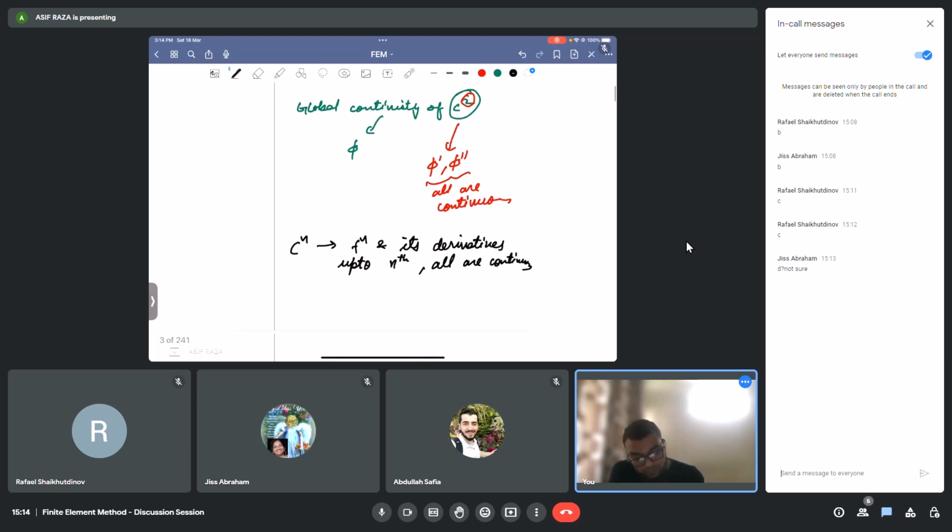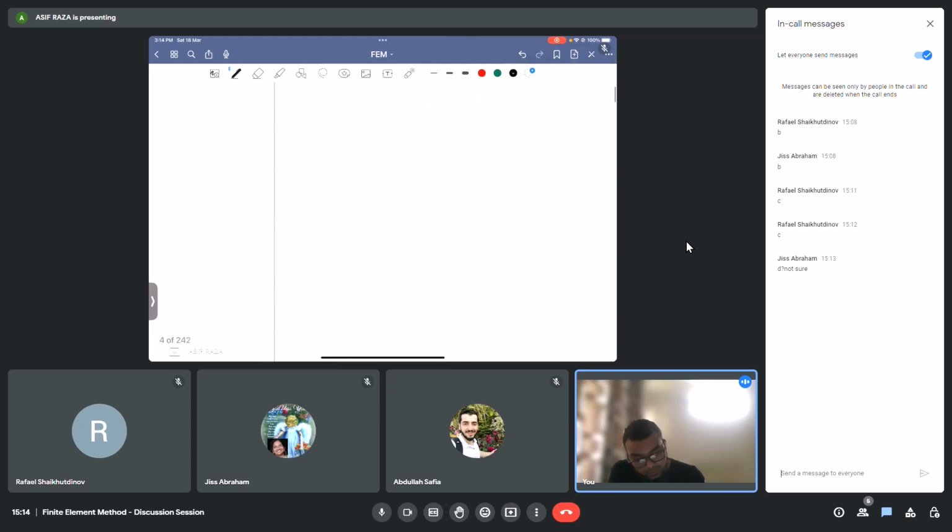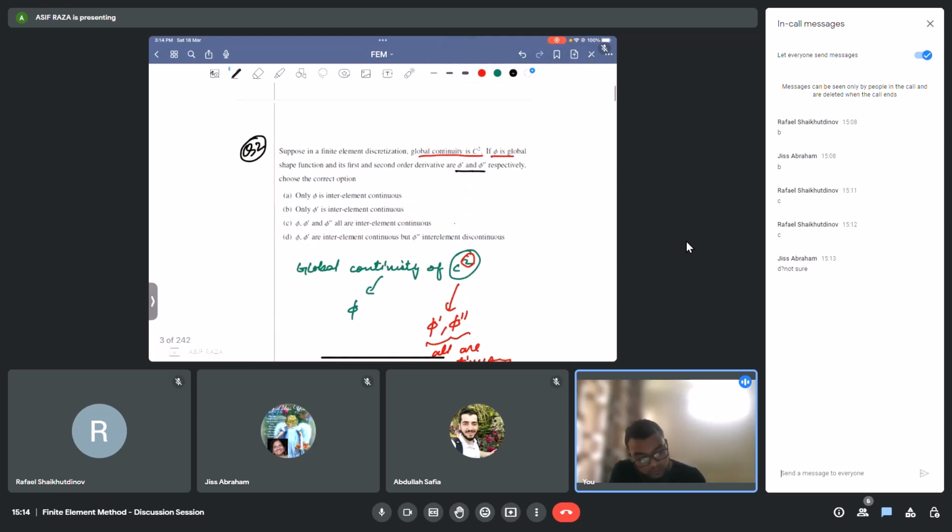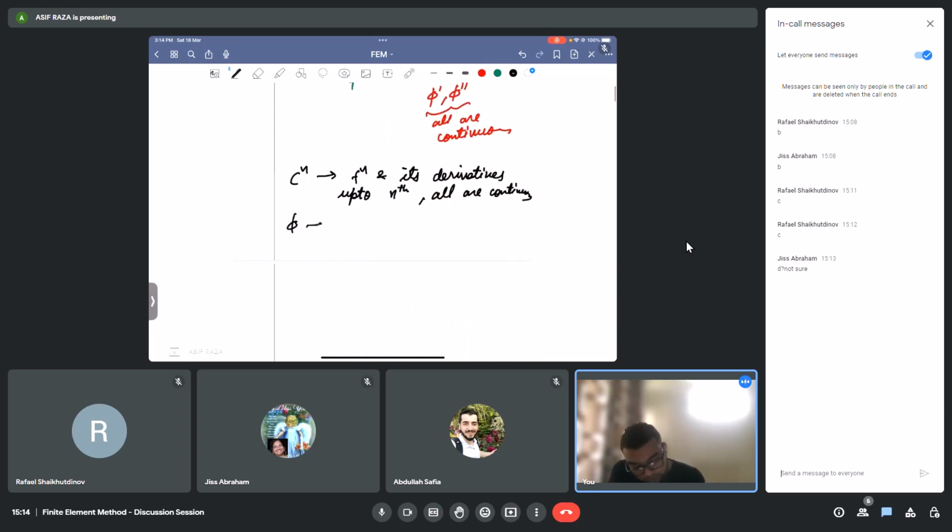So if my global function is phi and phi is C2, then according to the above statement, phi will be continuous throughout the domain, phi prime will be continuous, and phi double prime will be continuous.